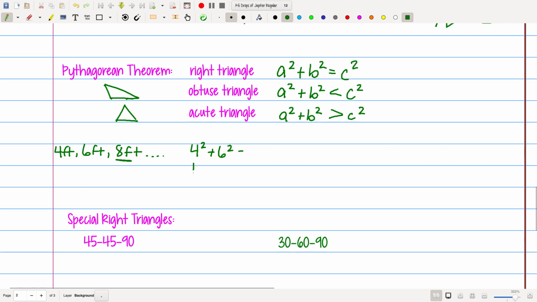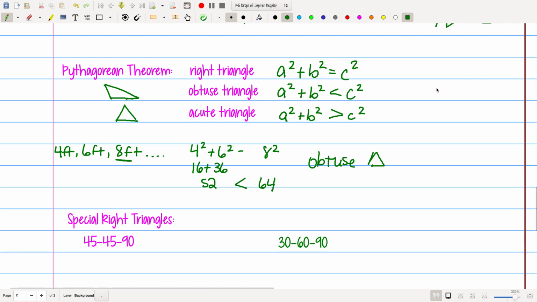That would be 16 plus 36, which would end up being, I believe, 52. 8 squared is 64. So a squared plus b squared is less than c squared, so this would be an obtuse triangle.